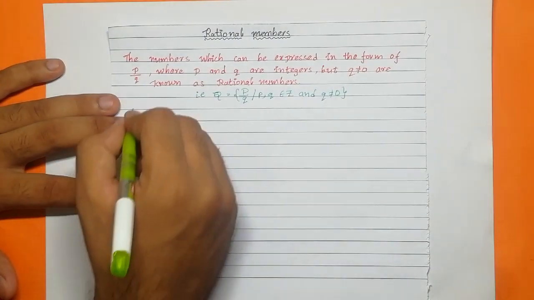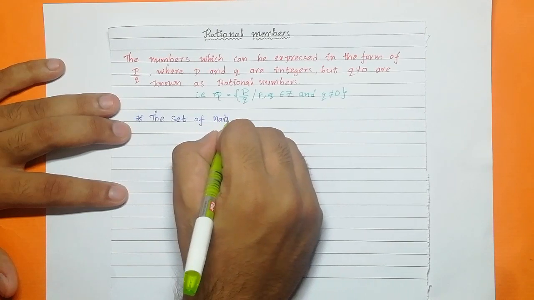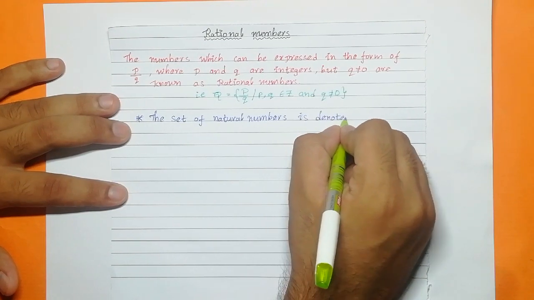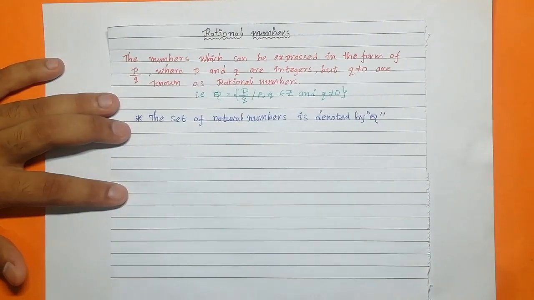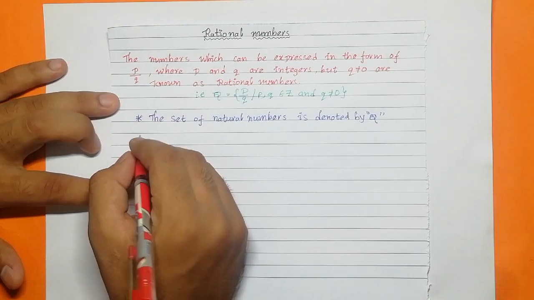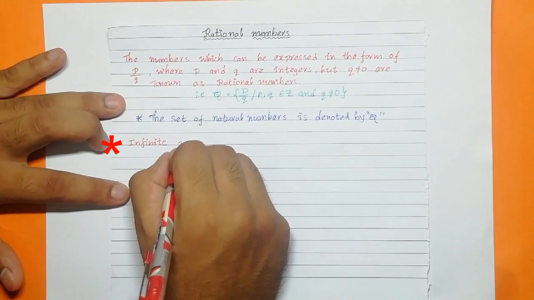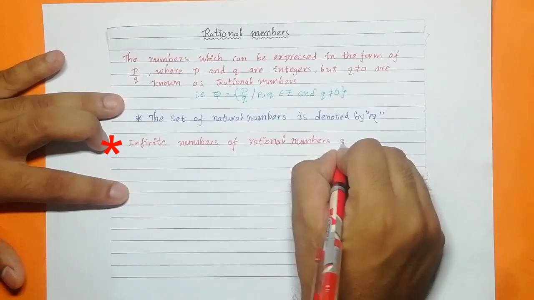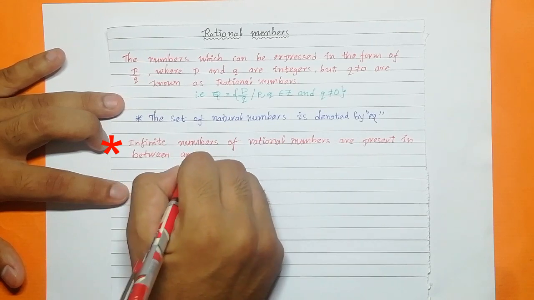Now we have to keep in mind the set of rational numbers is denoted by Q. Here we have to know about infinite numbers of rational numbers are present in between any two rational numbers.